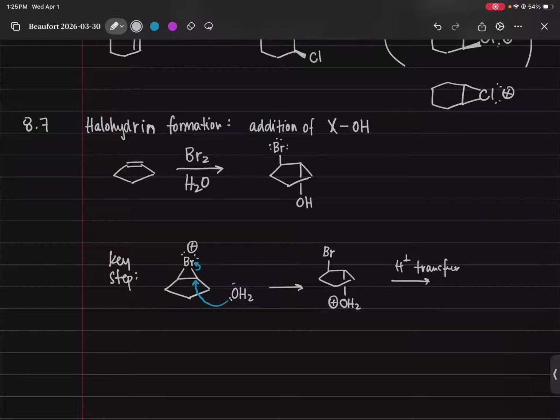And then we get to our product, which is called a halohydrin, right? And this is also anti-addition. Halohydrin? Yep, halohydrin.